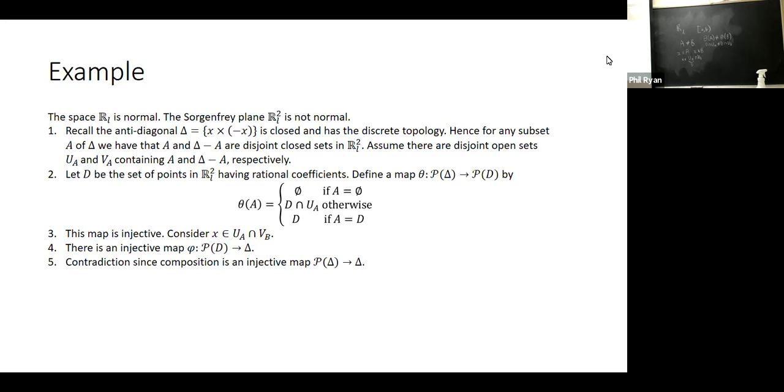Because there is an injection from the power set of Z plus to R, and those two sets are homeomorphic, we can get an injection from this set to that set.